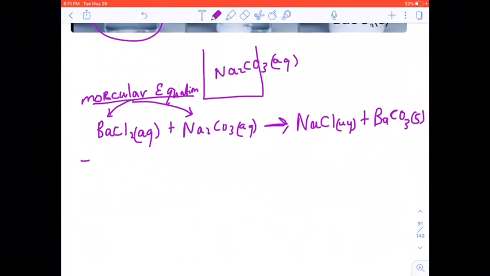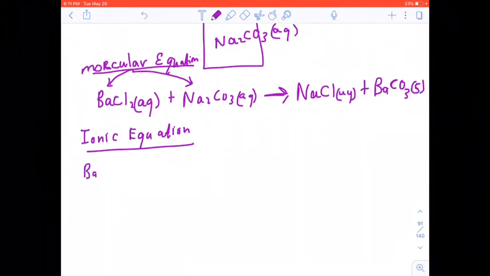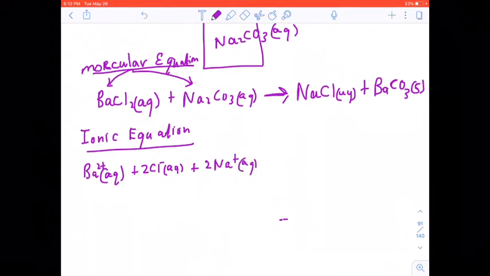If we have to have now the ionic equation for this, it would then be Ba2+ aqueous plus 2Cl- aqueous, and we got 2 Na+ aqueous plus CO3 2- aqueous, right?